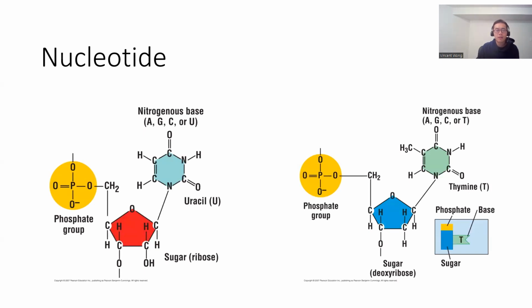Now here is a picture of a nucleotide. A nucleotide has 3 parts to it. There is a phosphate, there is a sugar, and then there is a nitrogenous base.